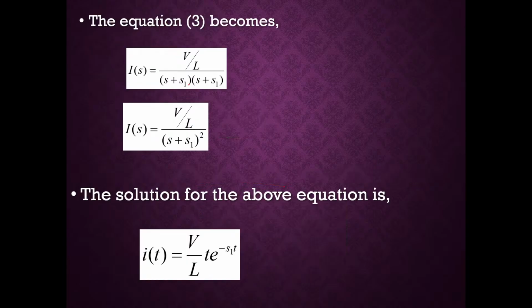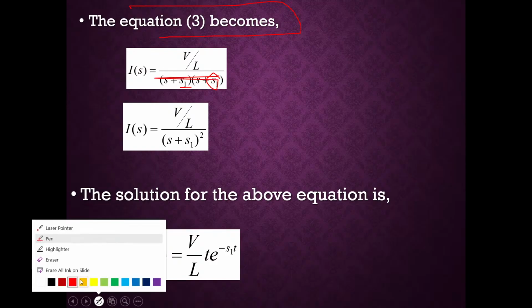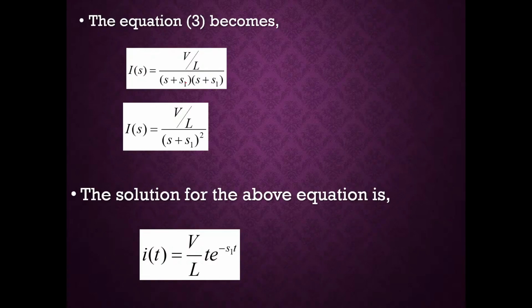So what is our expression actually? Current equation I of s is equal to v by l divided by s plus s1 into s plus s2. Instead of s2 I have written s1 because they are real and equal. You can even write s2 in both parts. So I of s is equal to v by l by s plus s1 whole square. If we take the inverse Laplace of the above expression, instead of I of s it will become I of t. V by L is constant.